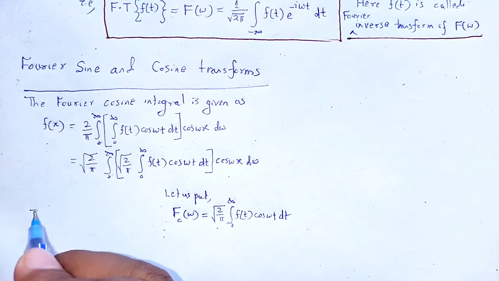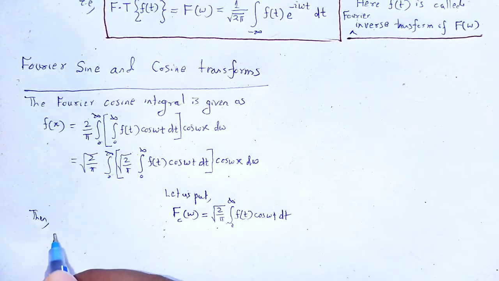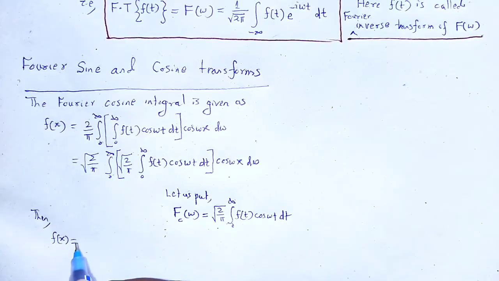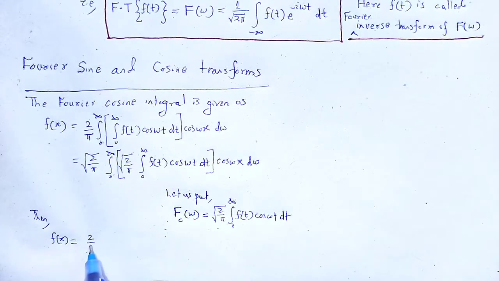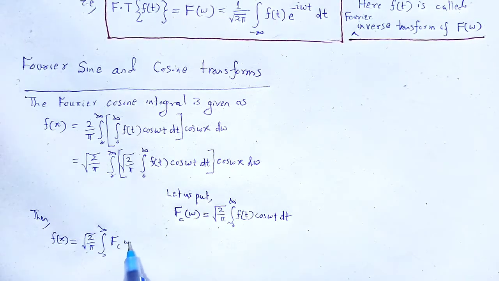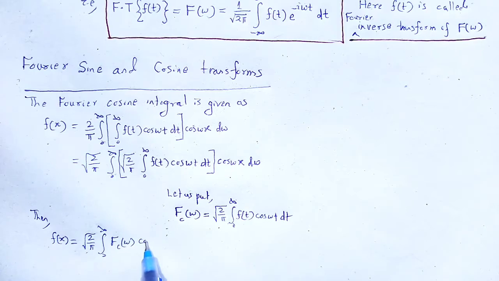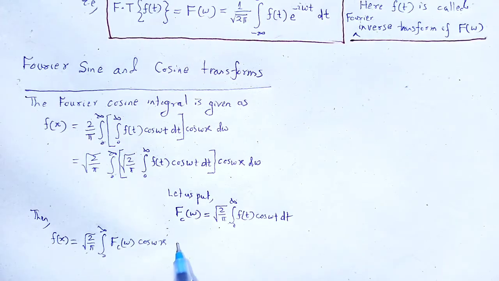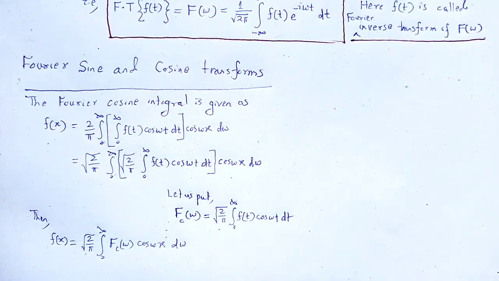Then that expression of f of x will be under root of 2 by pi integration of 0 to infinity F c of omega cos omega x d omega.